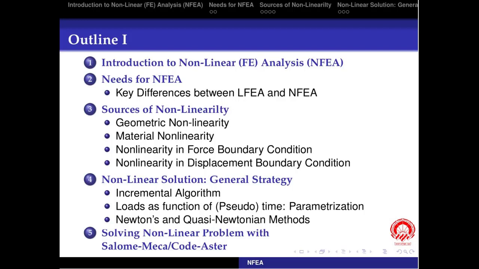Gradually the load evolves over time, and then we solve the nonlinear equation obtained by using the well-known Newton's or Newton-Raphson's method or some modified form of those methods. And in order to discuss the details, I will be using the training material published by EDF for that purpose.